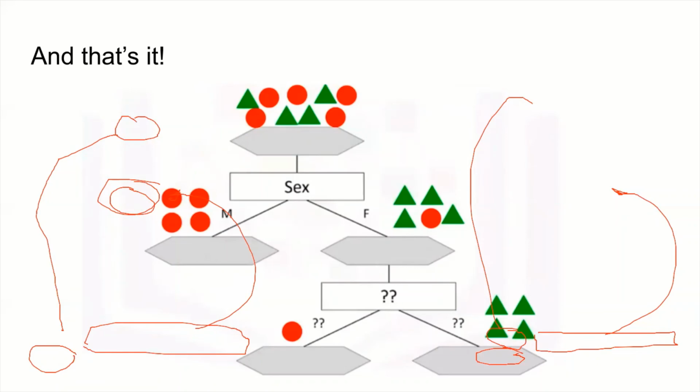Because if the tree gets too deep, then you will probably be overfitting the data. You will probably be building a decision tree that fits perfectly the data that you've trained it with, but that tree wouldn't be able to generalize well. So you can limit the max depth of the tree to prevent overfitting.